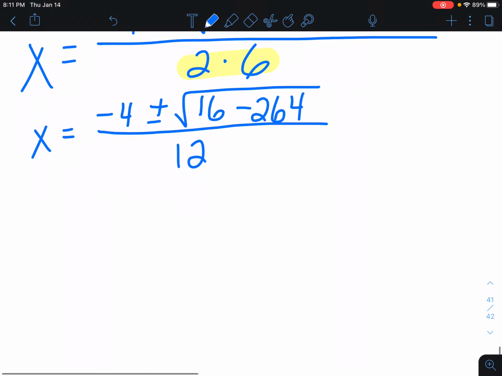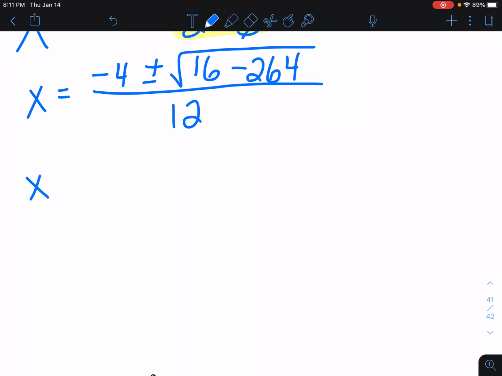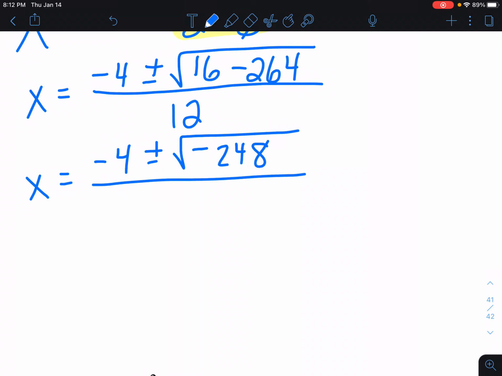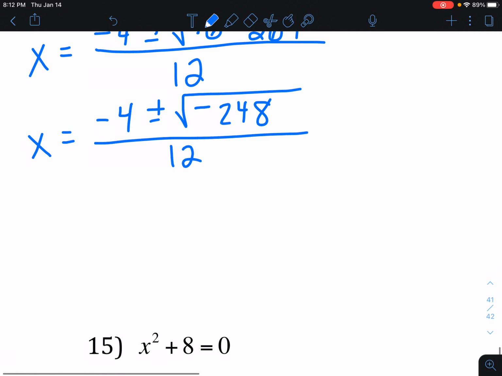Now we need to get the radical down to one number. So we always add or subtract whatever it shows in the radical. So 16 minus 264 is negative 248 over 12. Now, when your radical is down to one number, you have to try to take out a perfect square, all right?